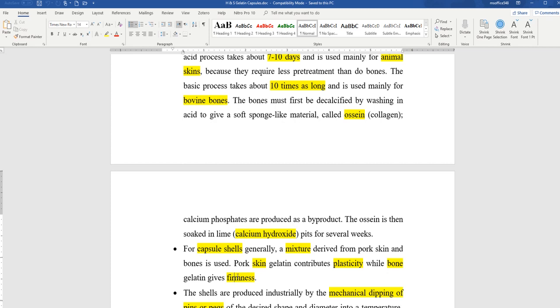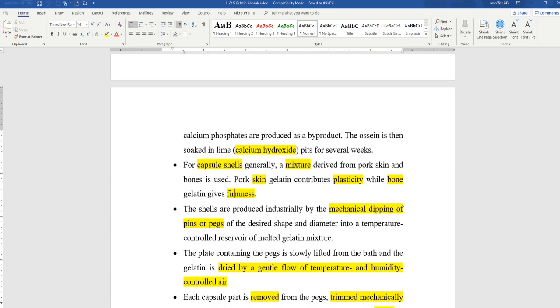Meaning it gives them rigidity, becomes stiffer. Okay, so we need both of them to be in the capsule shells.